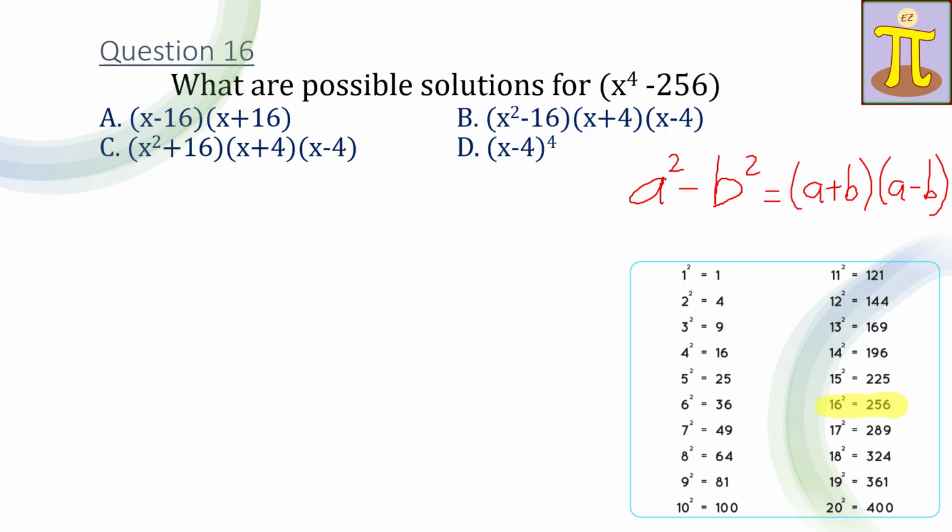We can rewrite x to the power of 4 as x to the power of 2, to the power of 2. Because we have another formula set: if we have a to the power of m, to the power of n, that is a to the power of m times n.